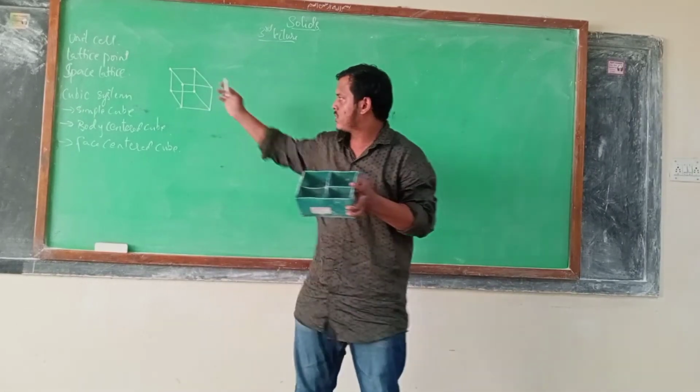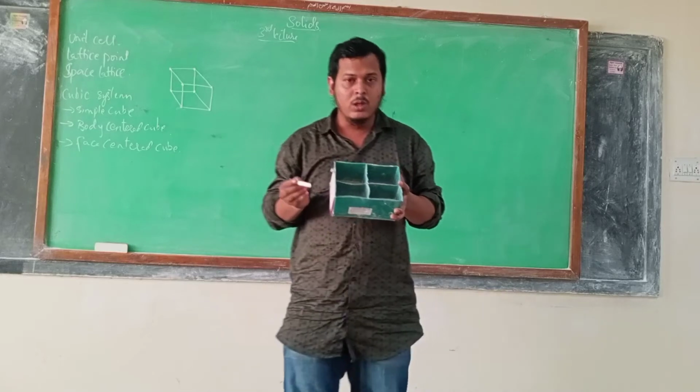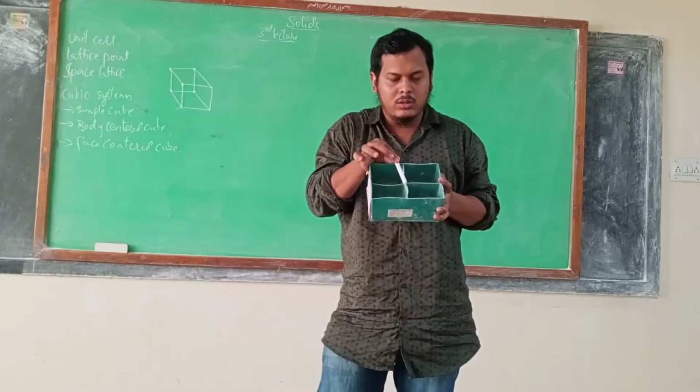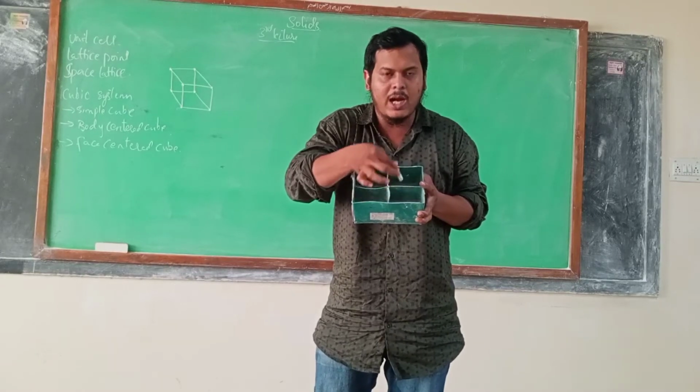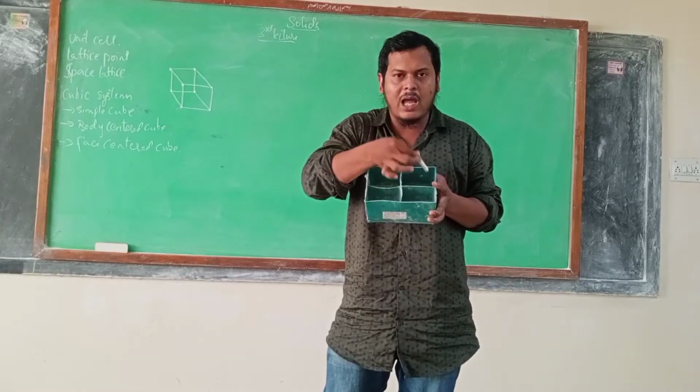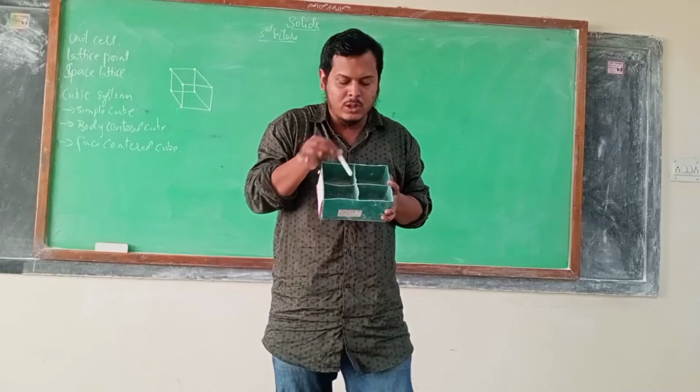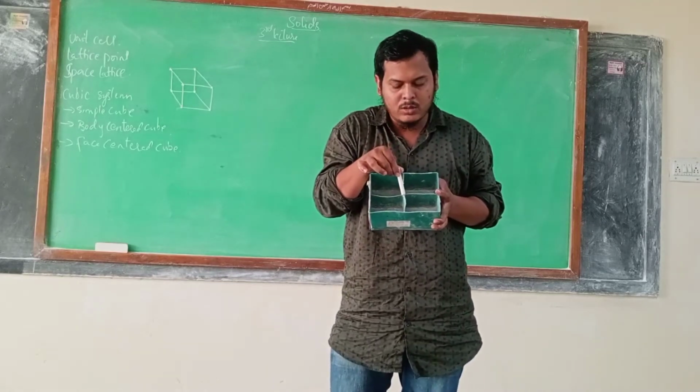So imagine the same cube I am showing you here. If you go with this corner, this corner is common for this cube and this cube. Overall, I now have 4 cubes with the same corner.